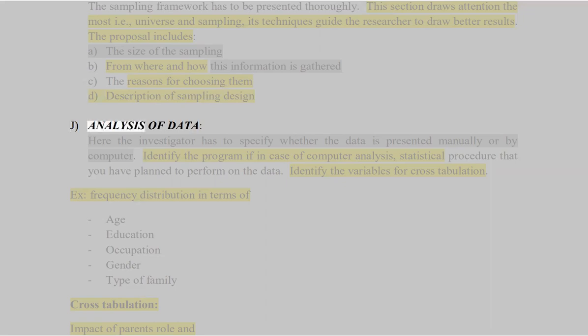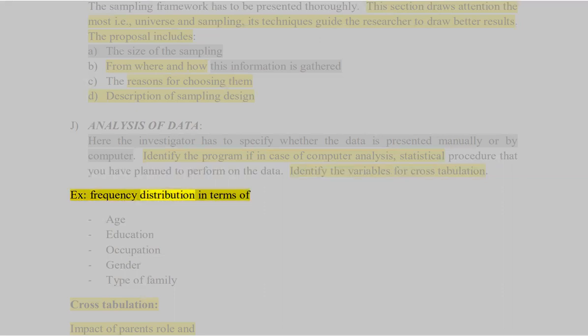J. Analysis of data. Here the investigator has to specify whether the data is analyzed manually or by computer. Identify the program in case of computer analysis, and the statistical procedure that you have planned to perform on the data. Identify the variables for cross-tabulation.